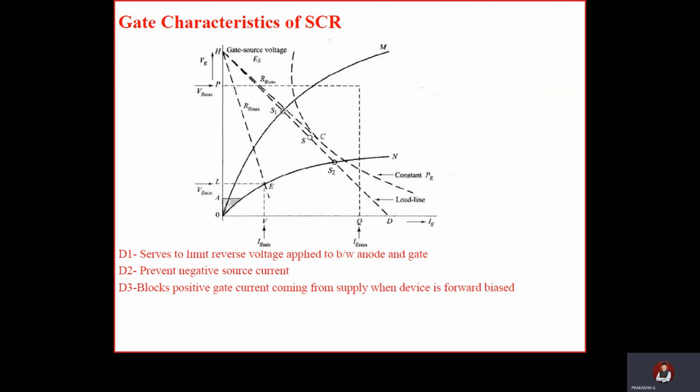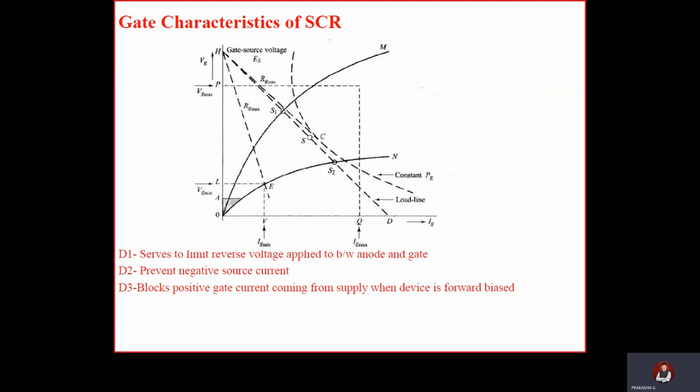We are having a characteristic with respect to the gate, which means we are measuring the voltage across the gate terminal and also the current flowing through the gate terminal.